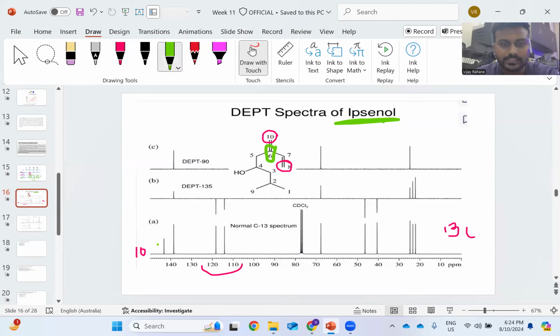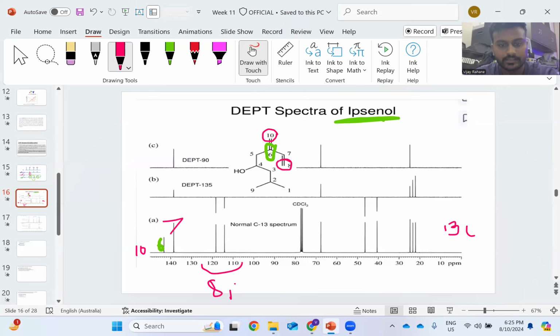We have identified this signal as due to 6. This signal in the aromatic region is due to 7, right? Again, these two signals are due to 10 and 8.